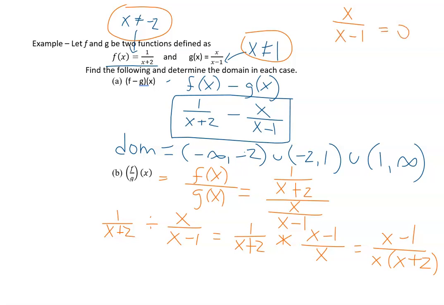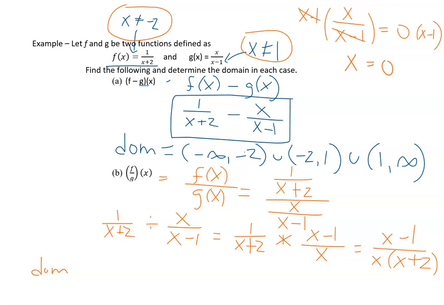Well, to find that out, we're simply going to set it equal to 0, multiply both sides by x minus 1 to clear the denominator, and 0 times x minus 1 is just 0. So x equals 0 makes g of x equal to 0. So we have to eliminate the -2, the 1, and 0 from our domain.